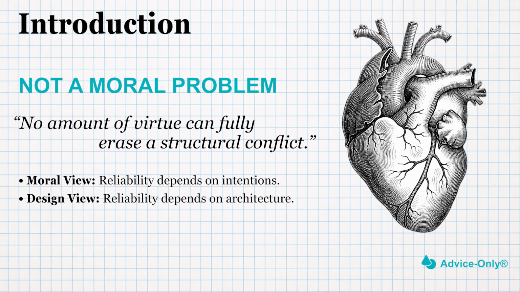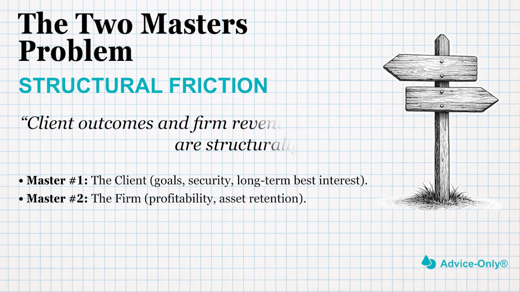That brings us to what I call the two masters problem. The two masters problem occurs when a financial advisor is expected to act in the best interest of the client while also being compensated in a way that depends on what the client does with their money. In other words, the advisor serves two masters, the client and the firm's revenue model.